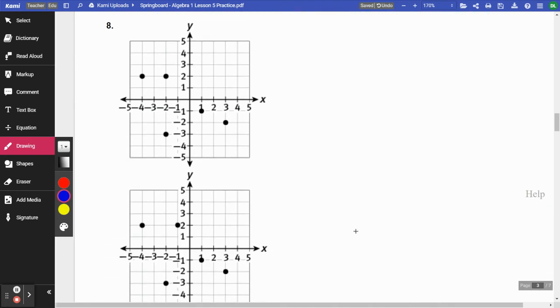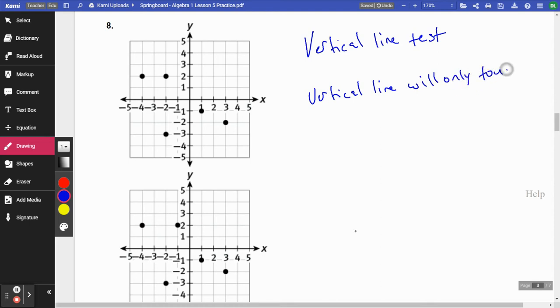So taking a look at 8, seeing if it passes the vertical line test, right? You have the vertical line test to see if something is a function, meaning a vertical line will only touch it once from left to right.